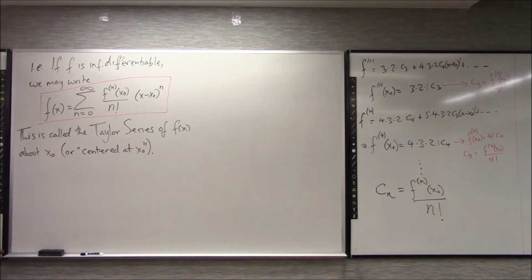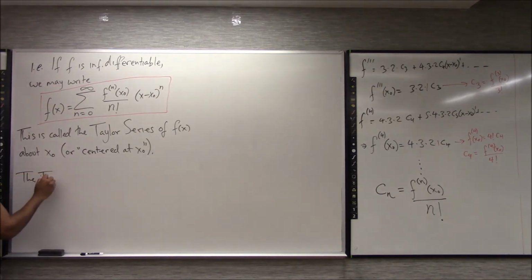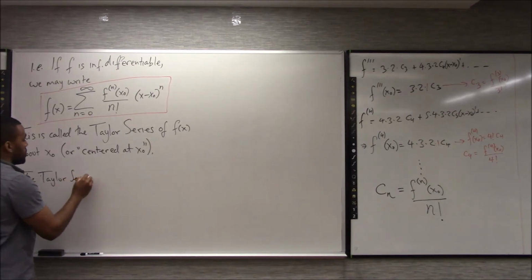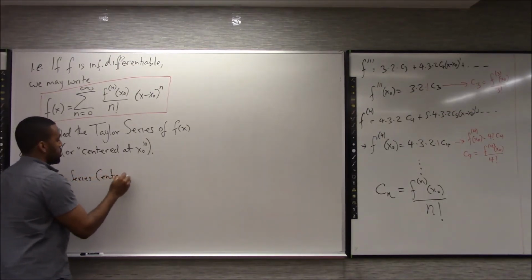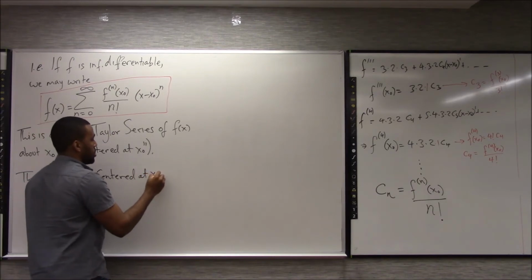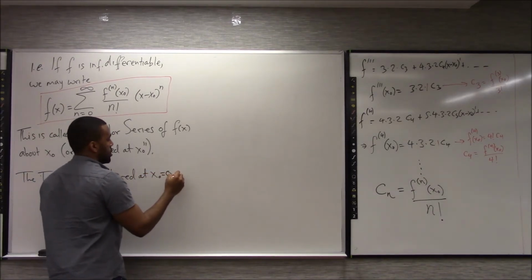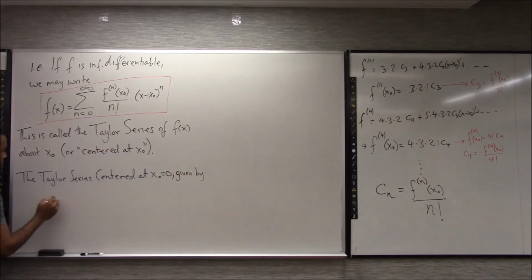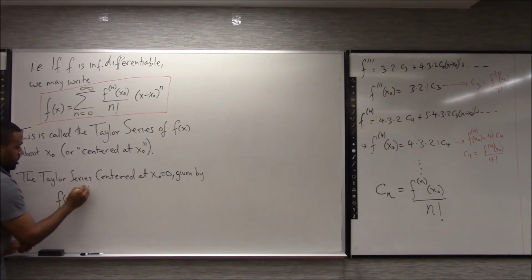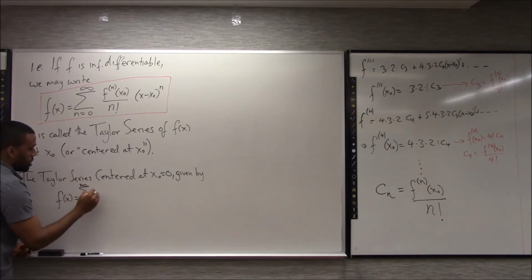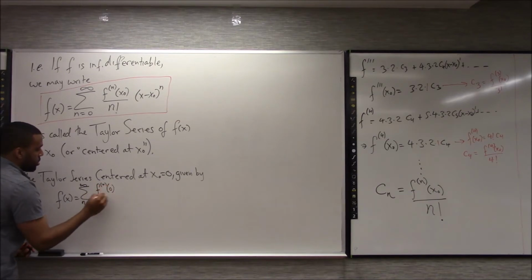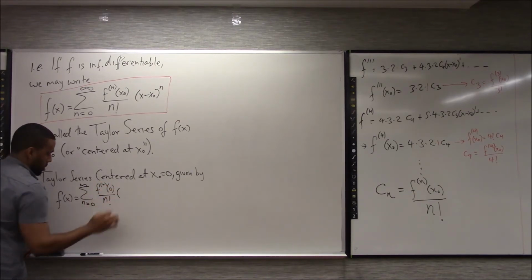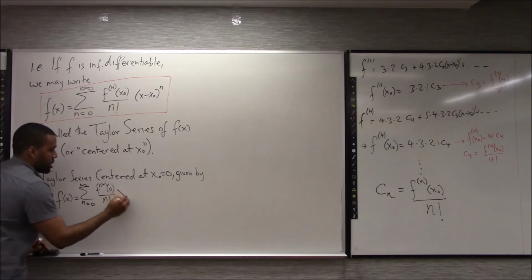There's also another version of this, but it's just pretty much centered at 0. The Taylor series centered at 0. That's just when you write your f of x as the sum n goes from 0 to infinity of the nth derivative evaluated at 0 over n factorial times x to the n.